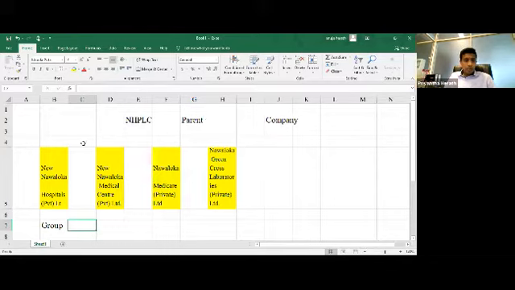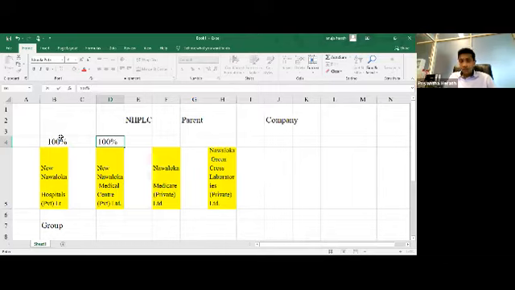And also remember, all these subsidiary companies are 100% owned subsidiaries. This is a 100% owned subsidiary, this is also 100% owned, Navaloka Medicare also 100% owned, and this is also a 100% owned subsidiary company.